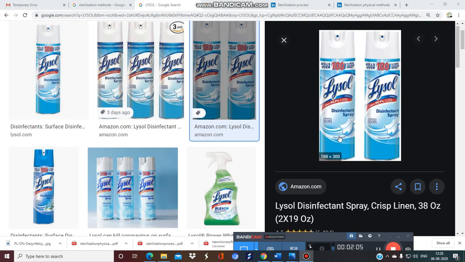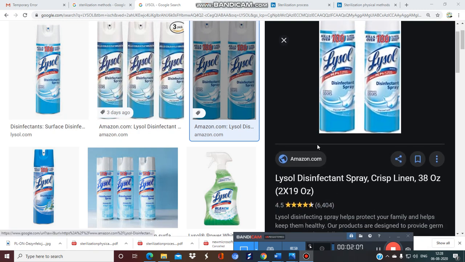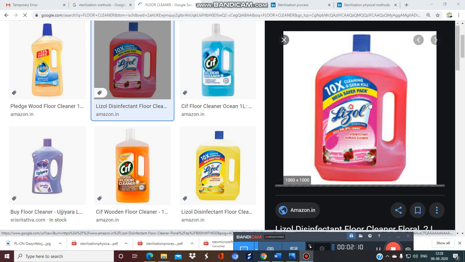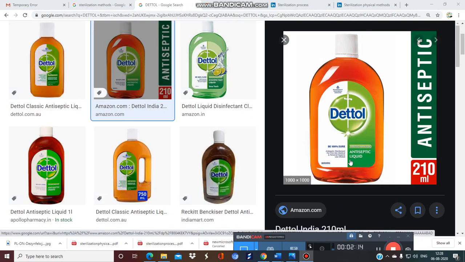So this is another disinfectant that we use to clean the floor. Again, a floor cleaner is there, but we use this antiseptic on the skin also. We cannot apply Harpic or Lysol on the skin, but we should apply antiseptic.